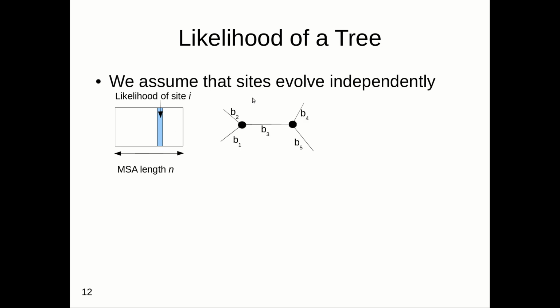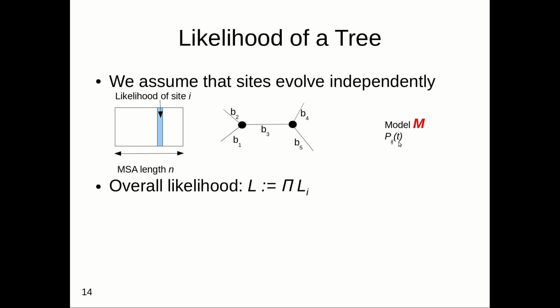Then we're given a fixed tree topology with fixed branch lengths. So we're not doing any tree searches here, and we're not altering the branch lengths. And finally, we're given our model of nucleotide substitution M that is used to calculate the transition probability matrix P for going from a nucleotide state i to a nucleotide state j within time t.